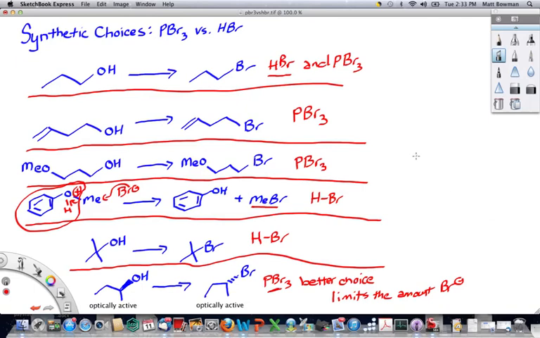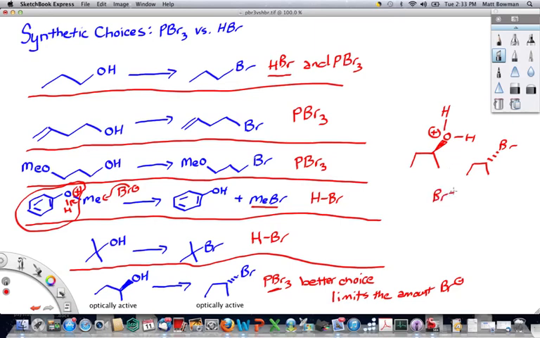Why this is important is halfway through the reaction using HBr, you have the protonated version of this, and you have your product.